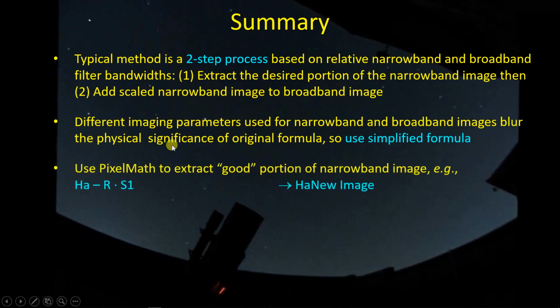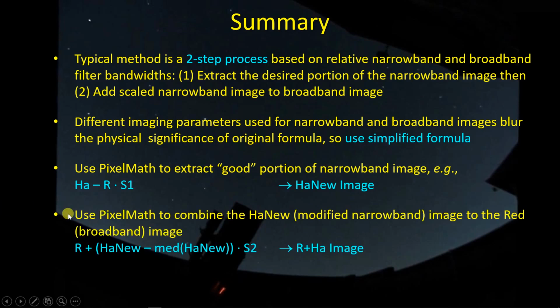So if we're going to throw out the physics-based formula, we might as well just use a simple formula for the first step and say, I'm going to create a new HA file based on taking the HA minus the red times some small scale factor, probably as a good starting point, use S1 equal to 0.25, but don't be afraid to change it. In the second step, we can use pixel math once again to take the newly created hydrogen alpha file.